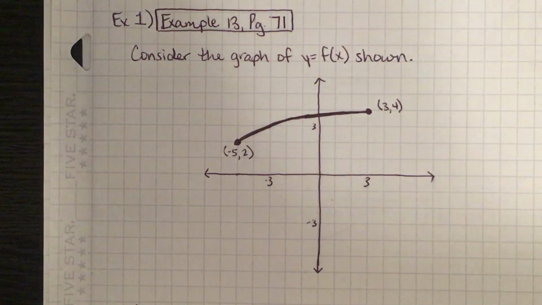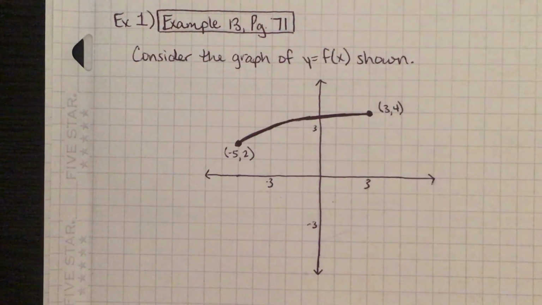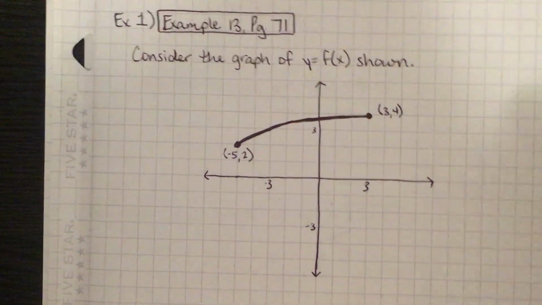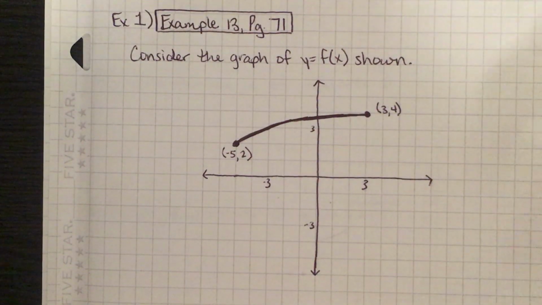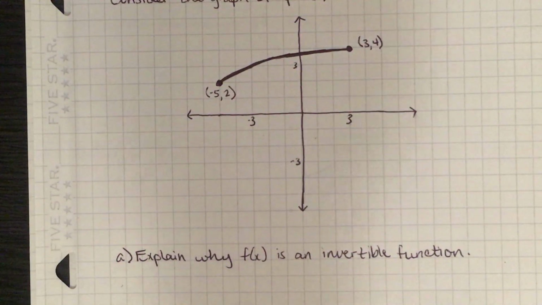So basically, we've got a graph here. We don't know what the equation is, but we know that it is y equals f of x. What we're going to do here is explain first off why f of x is an invertible function.